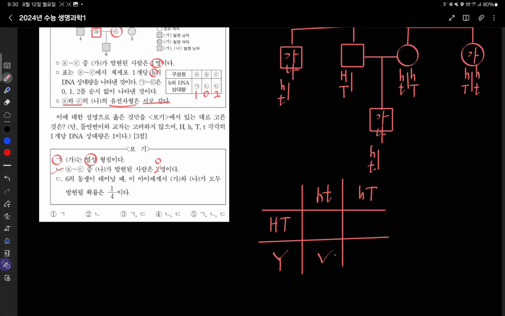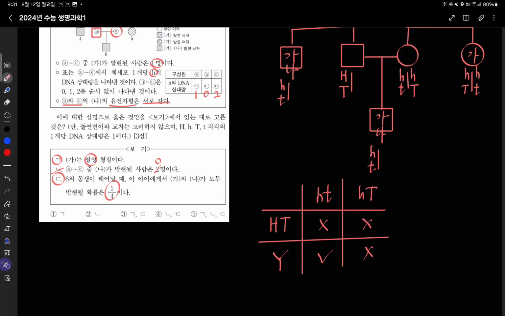If he's a boy and receives the X chromosome with lowercase h and lowercase t linked, he will have both the first and the second trait, like his brother number 6, but not other cases. Both the traits are not expressed. So the probability for the child to have both the first and second trait is 1/4 is right.